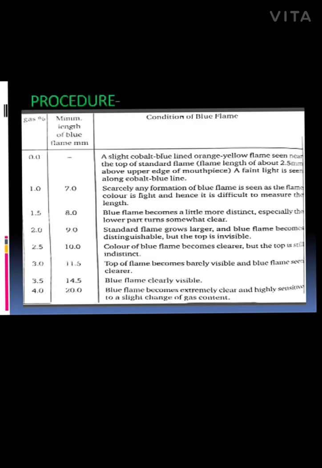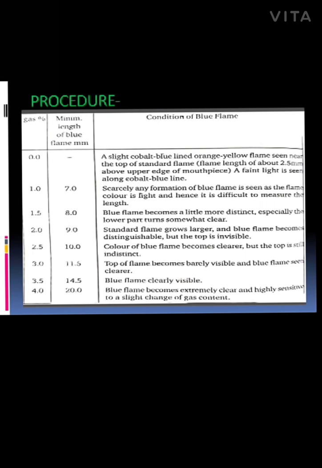If the height shows a length of 7.0 mm, we can know the gas percentage is 1%. And if the length of the flame is 8 mm, the percentage of gas is 1.5. And if the length of the flame is 9 mm, the percentage of gas is 2.